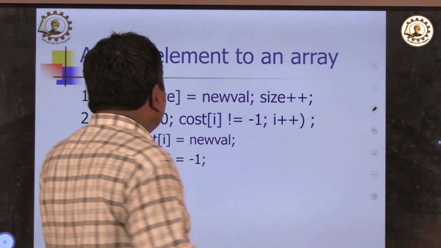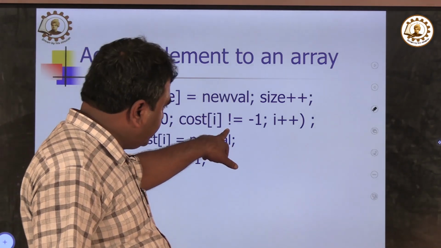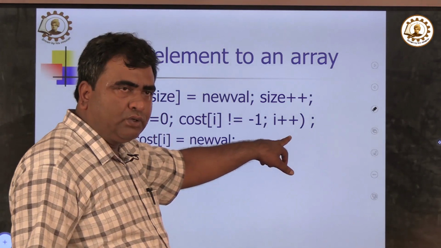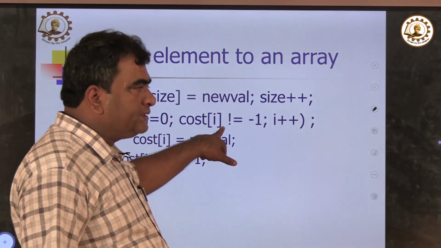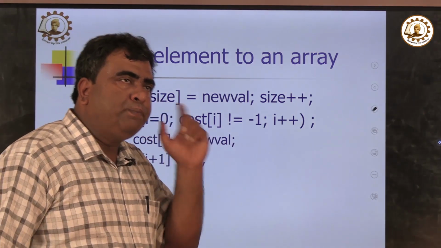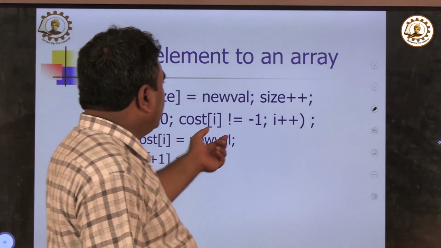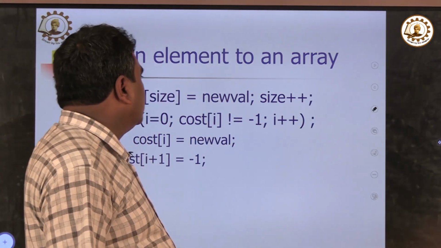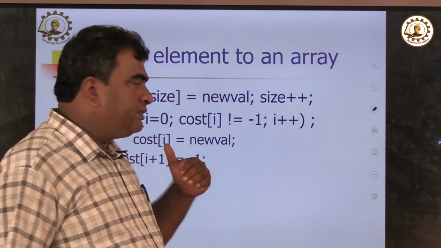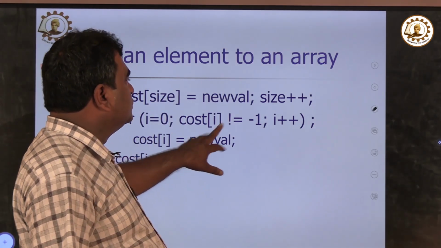So for i equals 0, cost[i] not equal to -1, meaning until you get the last value as -1, you suppose your array has not terminated. So this will continue to run and retrieve values, and cost[i] equals new value.